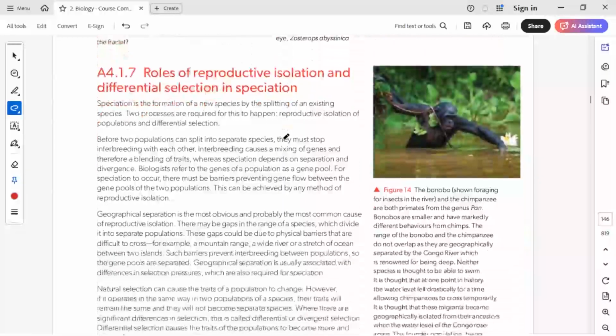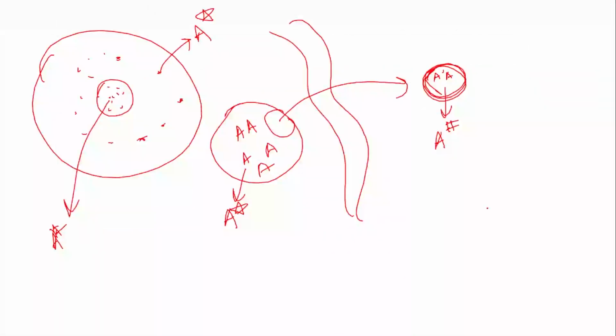now let's come ahead. Role of reproductive isolation and differential selection in speciation. Reproductive isolation is because of a certain hurdle that has come in between two groups of the same species, just as we discussed, if the group splits into two because of geographical barriers.